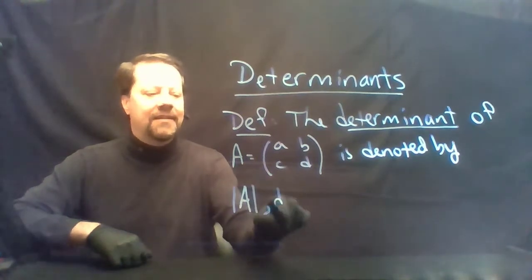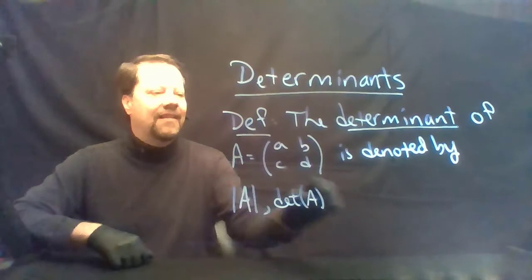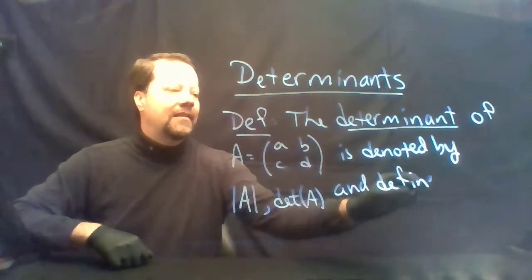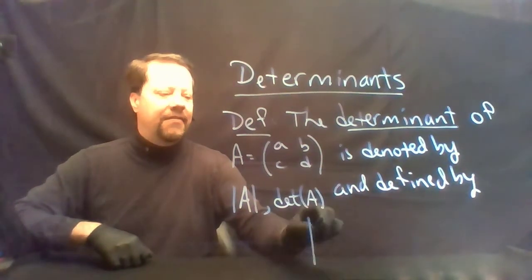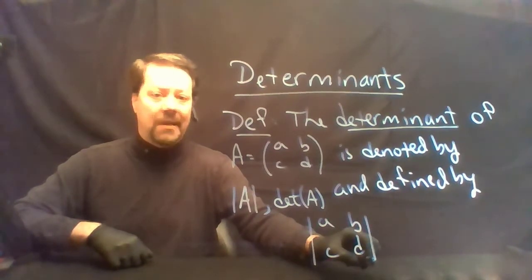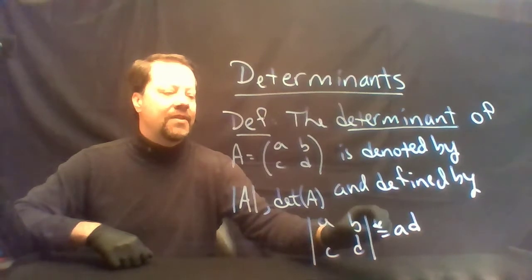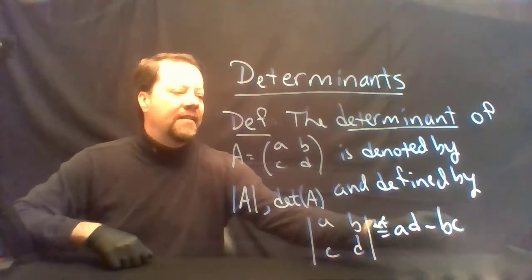Another one is det of A. The determinant of the matrix [a, b; c, d] using flat bars is, by definition, so you're just going to accept this for now, ad minus bc.